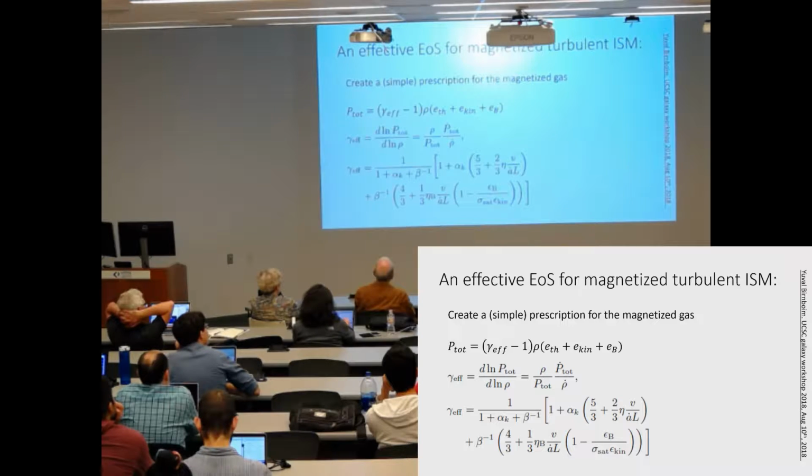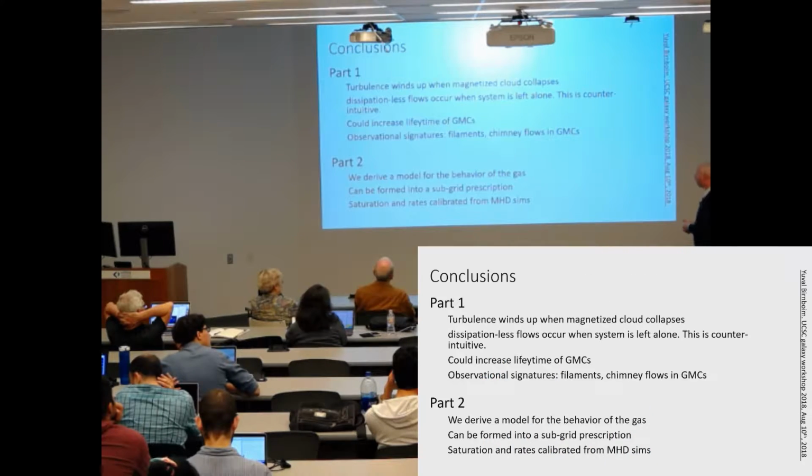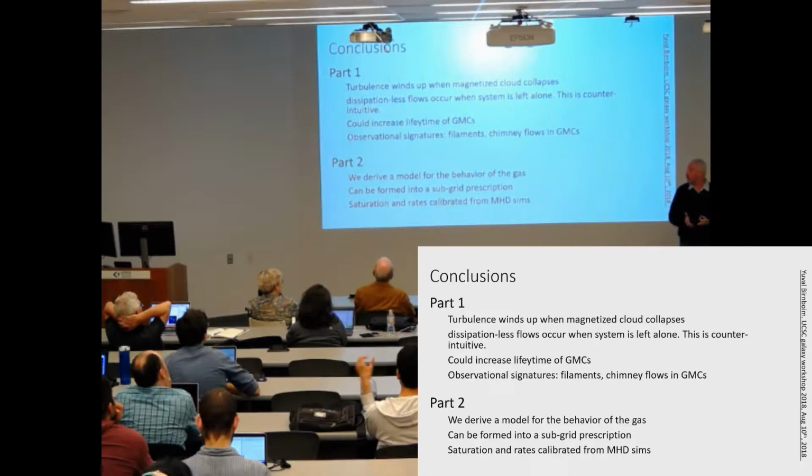And this is almost completely ready to be put as a subgrid model into cosmological simulations. Things still need to be calibrated to that specific code, but there is actually a roadmap on how to do that now. Okay, so that's my conclusion slide.